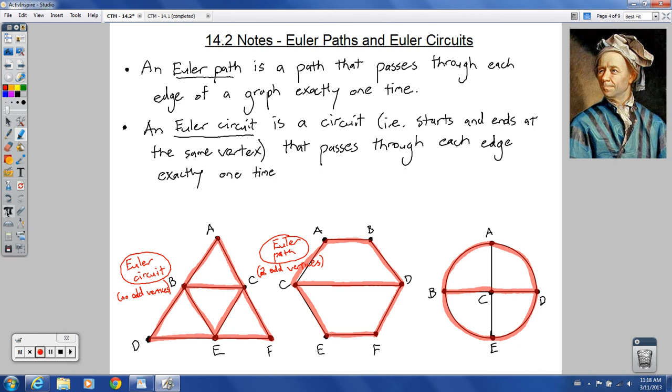So in this one is not possible. We didn't prove that was the case. The proof is beyond the scope of what we're doing here in this book, but neither is possible with that there. And so when does that happen? This is when you have more than 2 odd vertices.